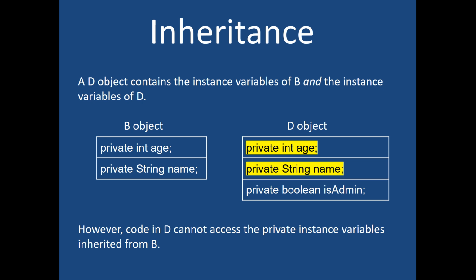That's just there because we're extending B. Now, a D object may contain age and name, but they're still private to the B class, and so code in D cannot access the private instance variables that are inherited, but they're in the object nonetheless. You can't write any code inside D that can access B's instance variables, but those instance variables are there nonetheless.